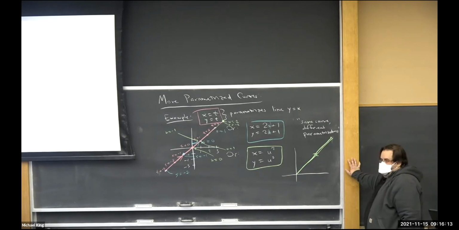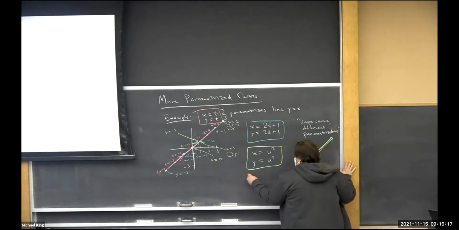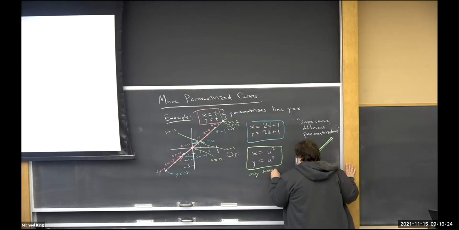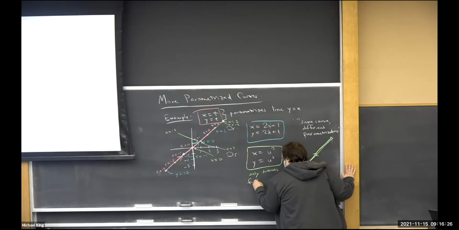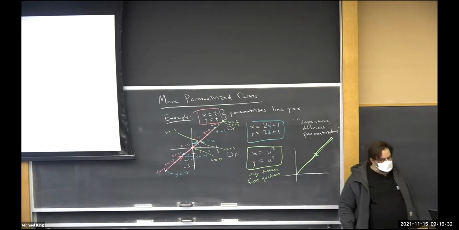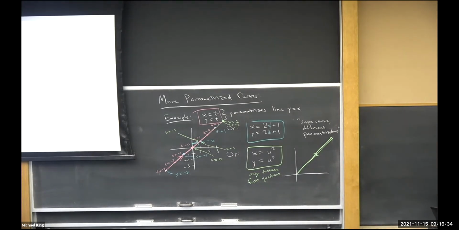It only traces the first quadrant part of the line. Right, so that's pretty straightforward, I guess.